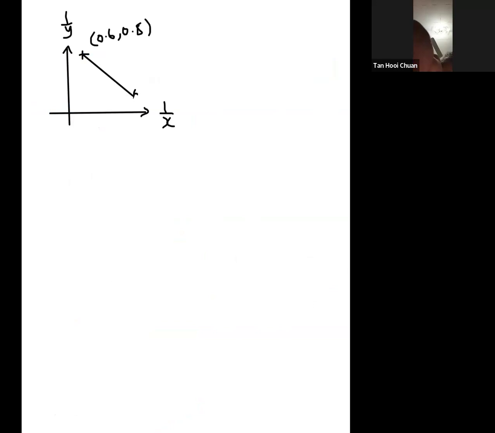This point is 1.5, 0.5. Sorry, teacher copied wrongly. I copied the previous logarithm questions.